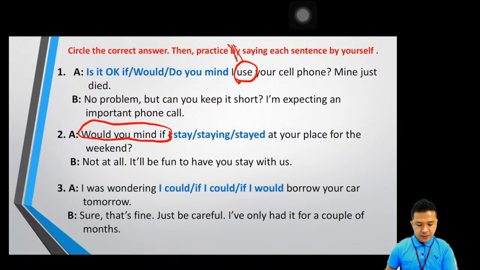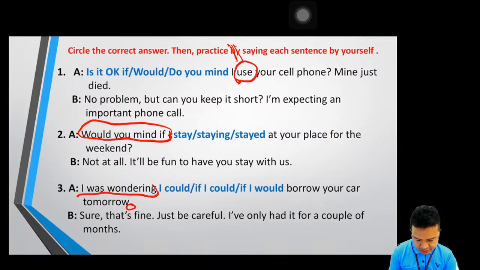Number 3. I was wondering if I could borrow your car tomorrow. Full stop, not question mark. Sure, that's fine. Just be careful. I've only had it for a couple of months. So take note of I was wondering.